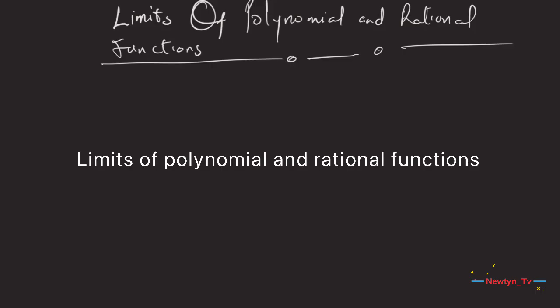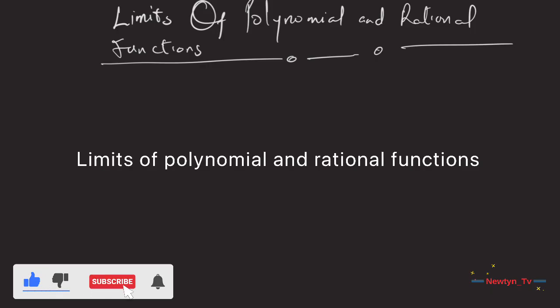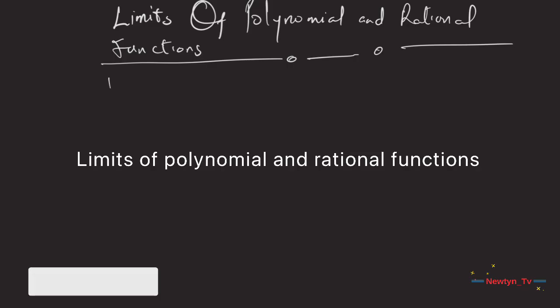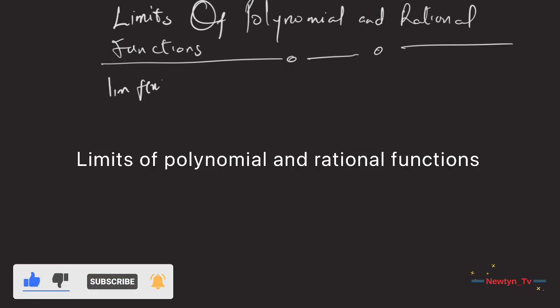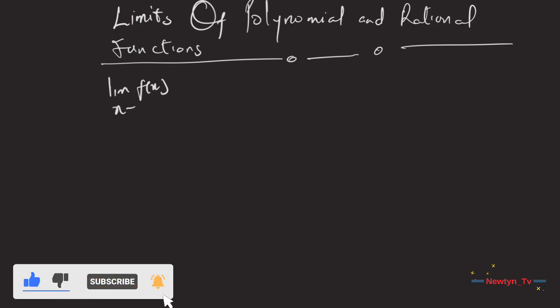In this video, we'll be talking about limits of polynomial and rational functions. By now you have probably noticed that in each of the previous examples that we solved, it has been the case that the limit of f of x as x approaches a is equal to f of a.